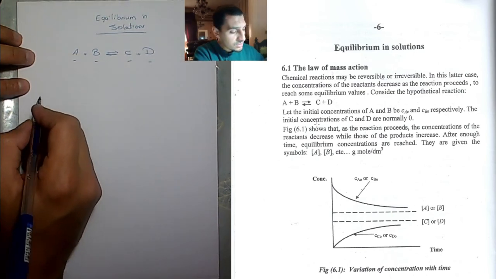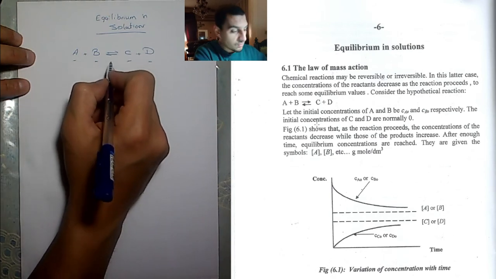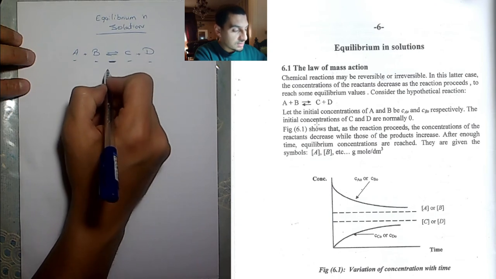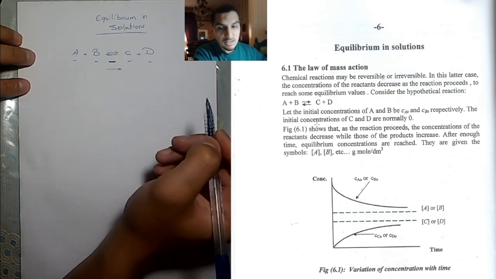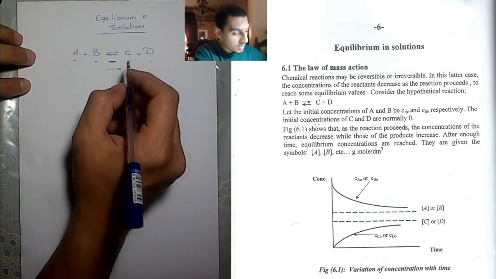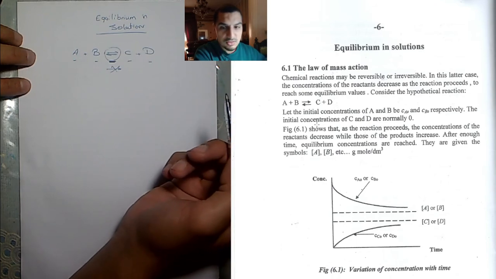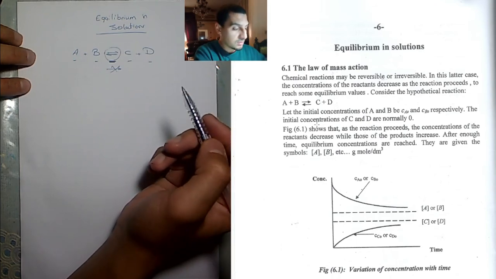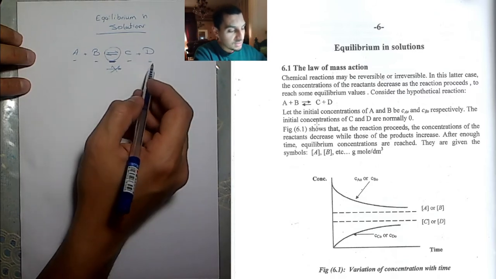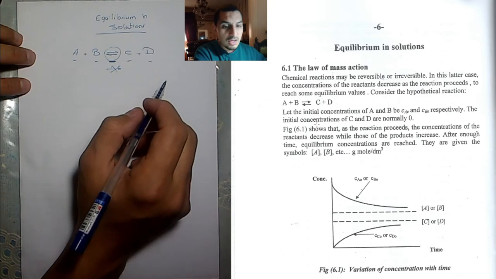We also understand that the reaction goes in both directions, forward and backward, because of the shape of the arrow. If the arrow had a single-headed shape, it would be a one-directional reaction with no backward reaction. But since we have this shape, the reaction goes in the forward and backward directions, which means that A reacts with B to give C and D, and C reacts with D to give A and B. So it's going both ways.